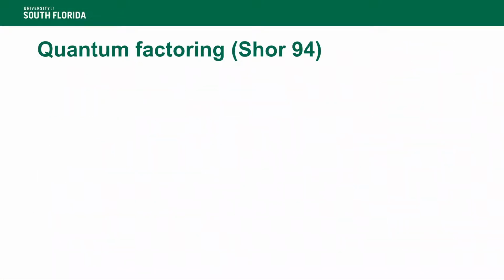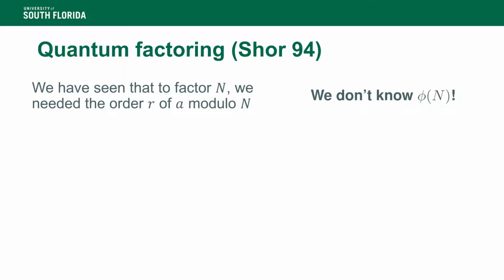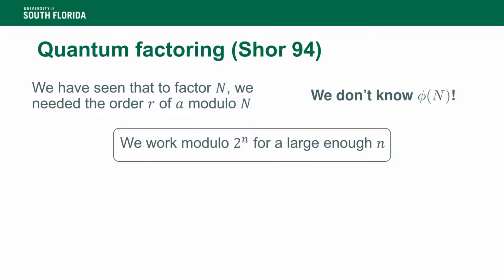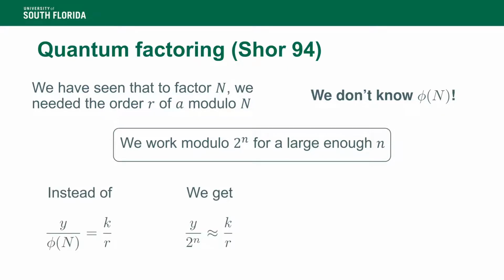Now, let's see what happens when we want to factor, so when we do not know phi of n in particular. We still need to find the order r of a modulo n, and we know that from the previous lecture on the elementary number theory component of Shor's algorithm. So we will work with the quantum Fourier transform modulo 2 to the n for some large enough n, okay? And we're going to see later what it means to be large enough during the analysis of the probability of success.